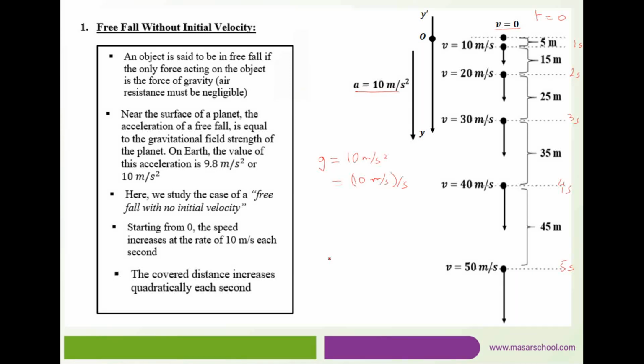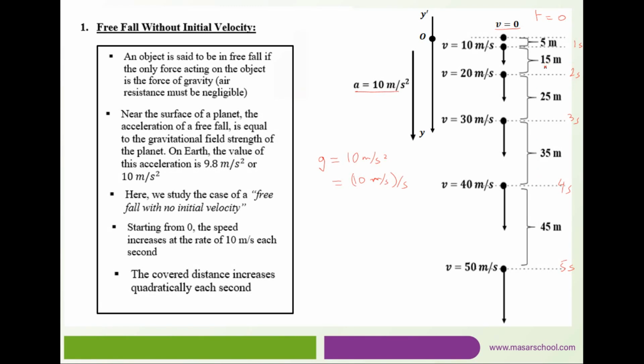Now the covered distance increases quadratically each second. We know that in uniformly varied motion with constant acceleration, position is expressed as quadratic in time, so the variation is going to be quadratic. In the first second, the covered distance would be 5, then 15, 25, 35, 45.